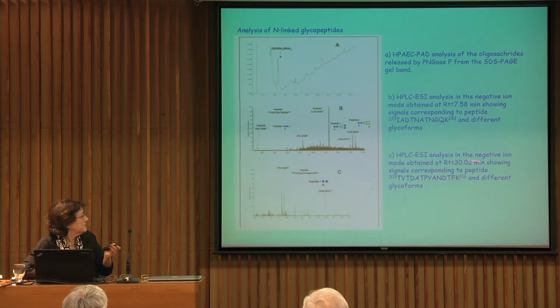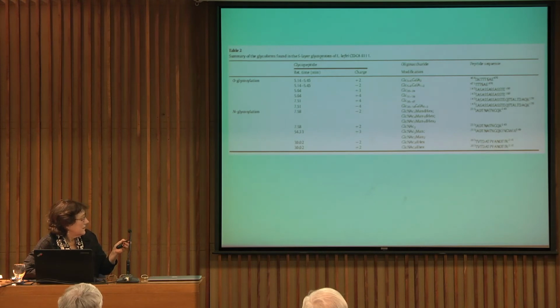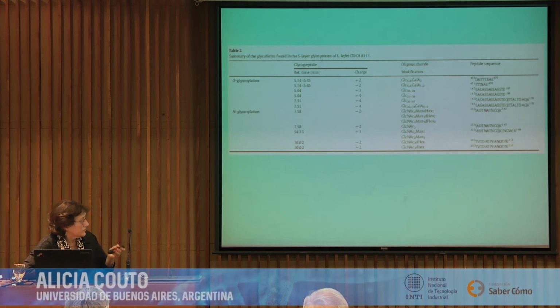Also, at 30 minutes, we could detect another peptide, also bearing different glycoforms. So, at this point, we could detect O-glycosylation and, for the first time, two sites of N-glycosylation bearing different structures.